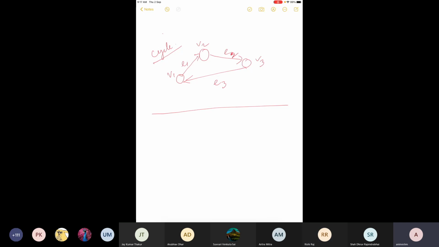Okay, so now the chart that I was talking about. Walk, circuit, path, cycle.